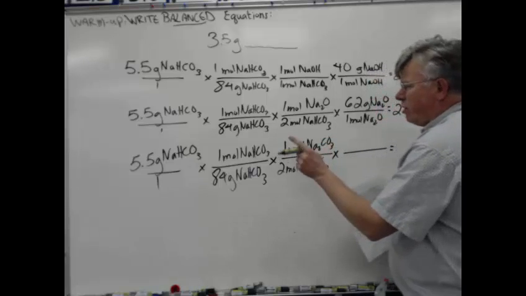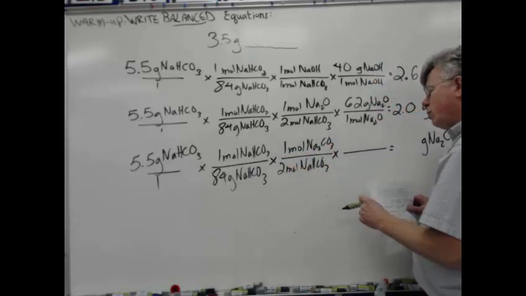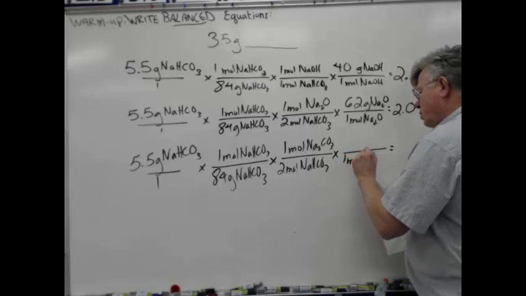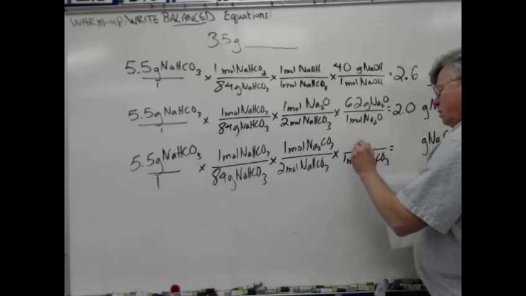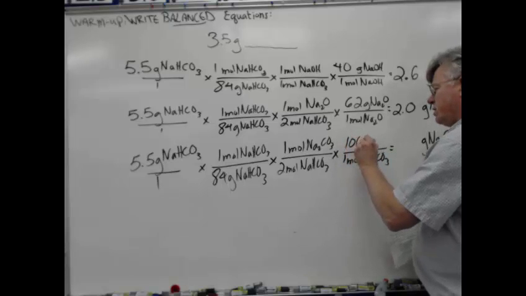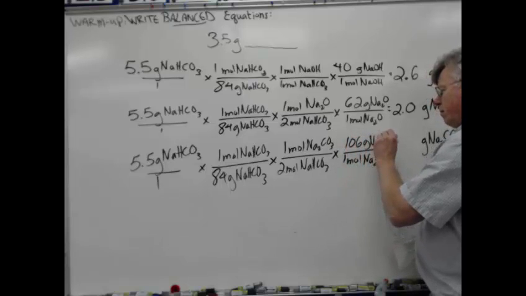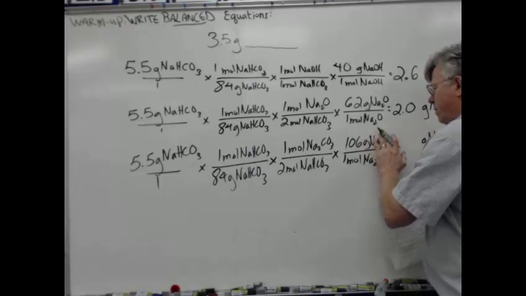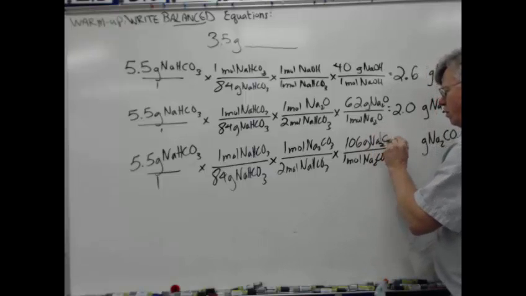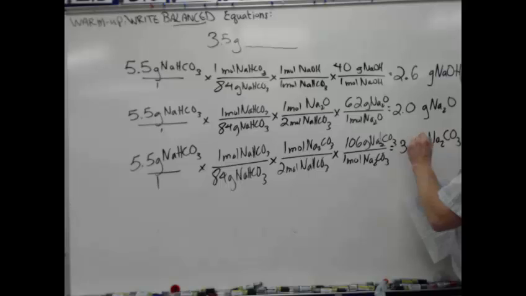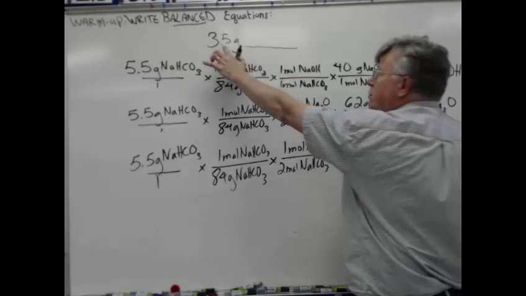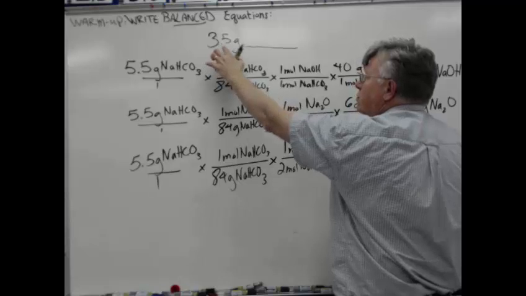So now I'm solving for the third and last potential product, and 1 mole of sodium carbonate weighs 106 grams. When I do the math here, I get 3.5 grams, which proves to be a perfect match to the lab value.